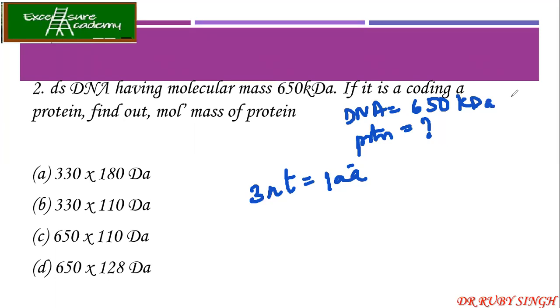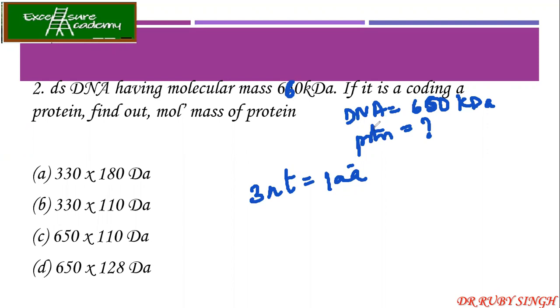So what should be the next step? Okay, here is a mistake actually. It is 660, okay? Now tell me. 660 kilodalton divided by 3.